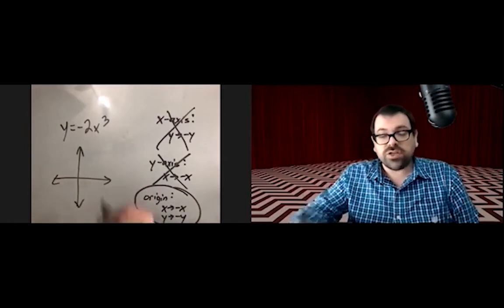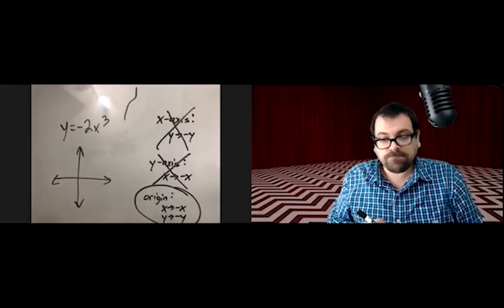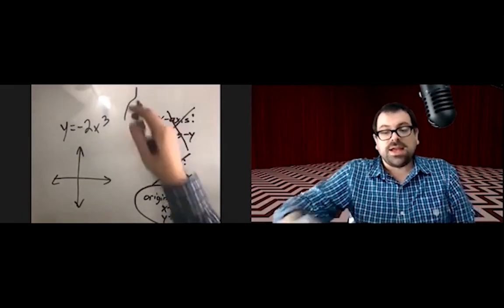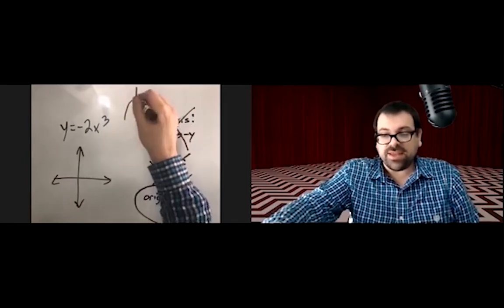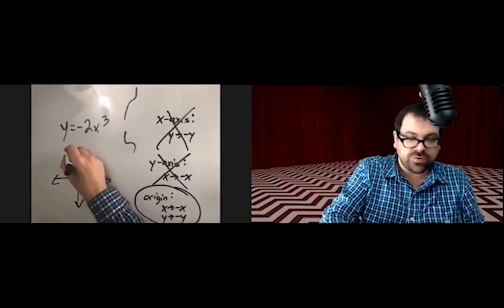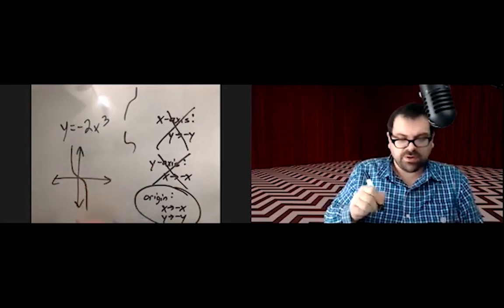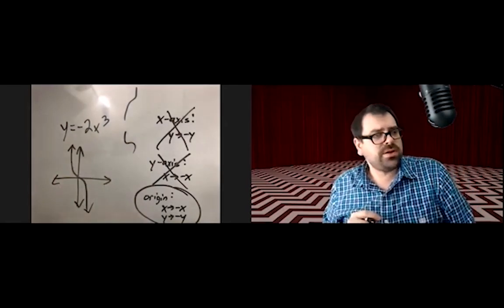The parent function is our cubic. It's the one that's shaped like that. A negative is going to flip it upside down. So instead of like this, it'll be like this. And since it's a negative 2, that means it's going to be a little bit steeper than usual. But that's going to be the general shape.